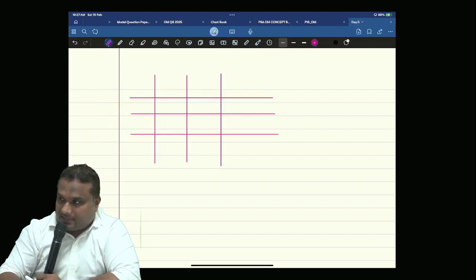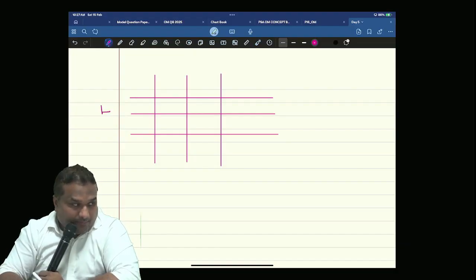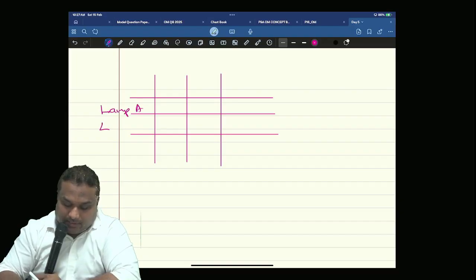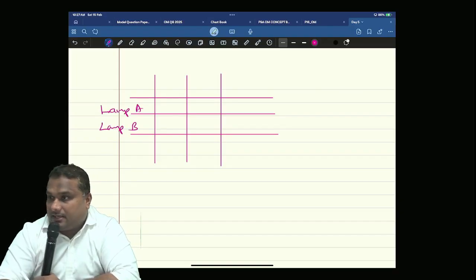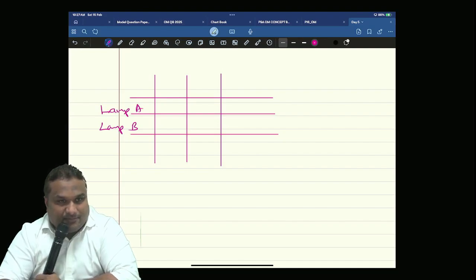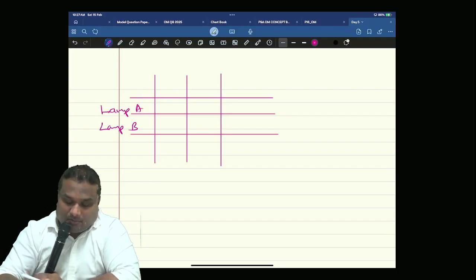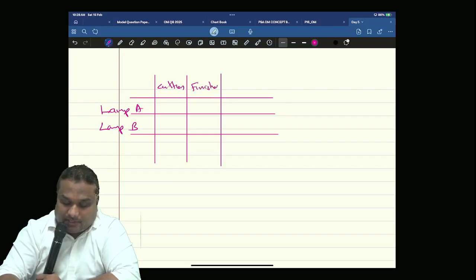Lamp A in the left side, Lamp B in the right side. Now, one is cutter, the second one is finisher.